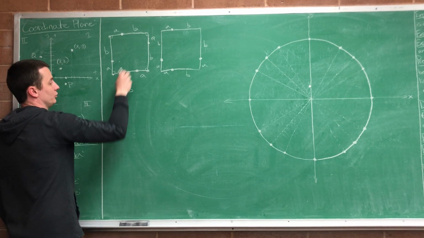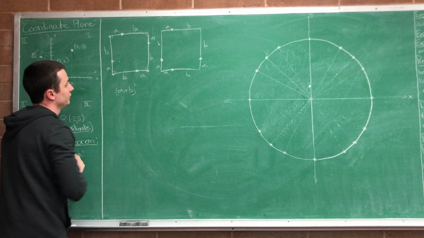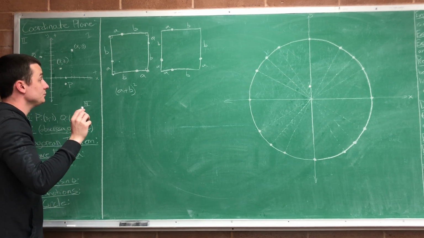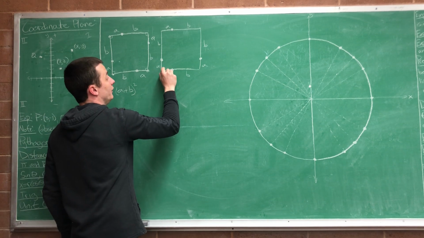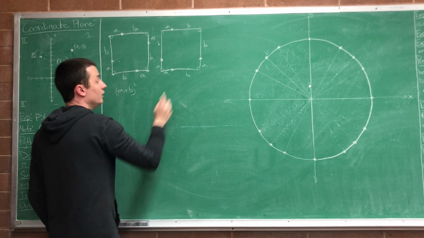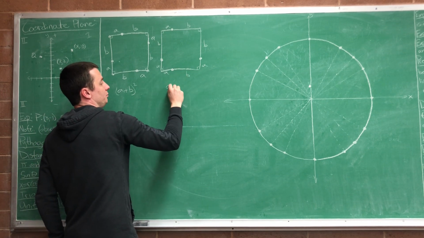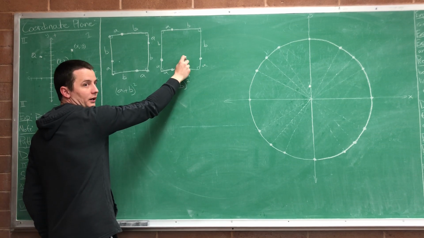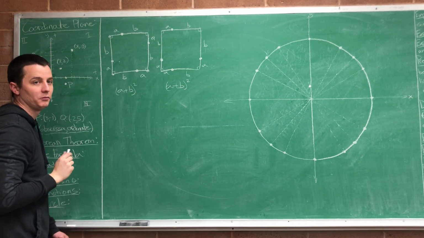And so the area of this whole square is A plus B squared. That's the area of the total square. Similarly, that's a right angle, that's a right angle, that's a right angle, that's a right angle. This is also a square with side lengths A plus B. So this is also A plus B squared is the area of this whole square and the area of this whole square. Good so far?